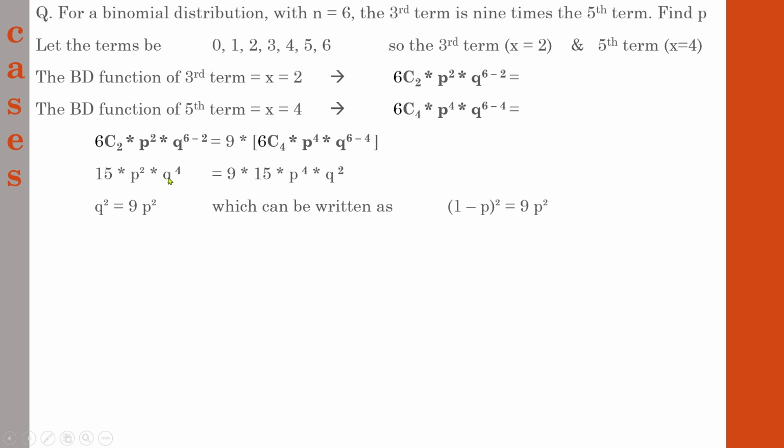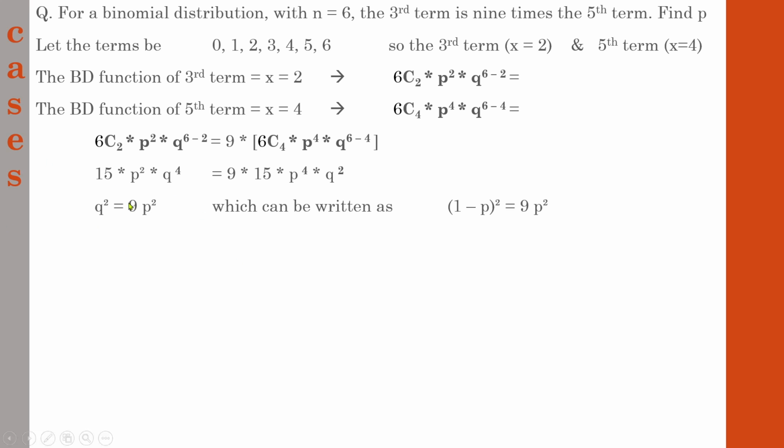Here, 15 p squared q to the 4 equal to 9 into 15 into p raised to 4 into q raised to 2. I have shifted this entire expression, 15 into p raised to 4 into q raised to 2, into the denominator of this one. That's like 2x equal to 6, so x equal to 6 by 2, just like that.